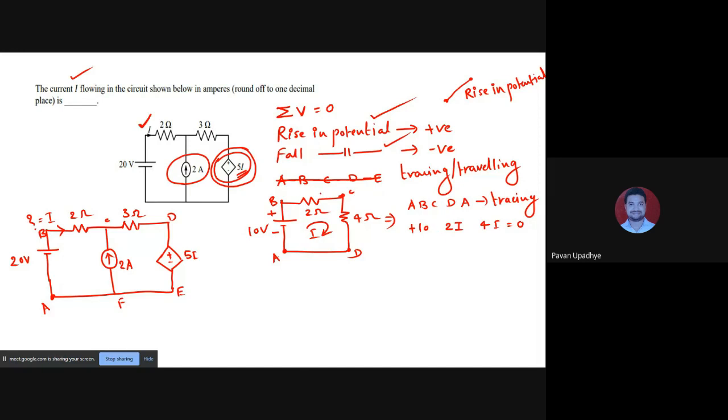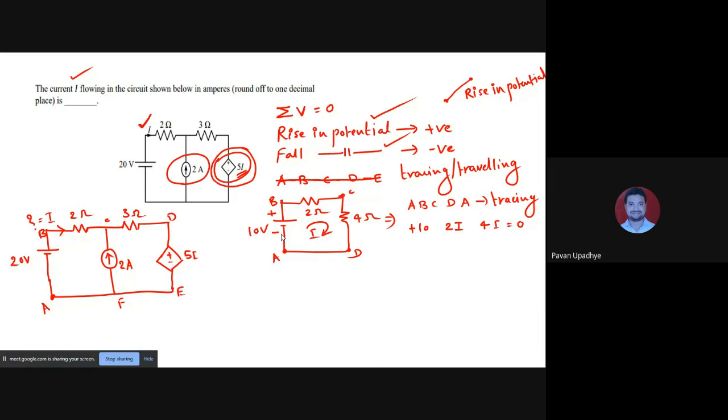Now when you are moving from B to C, you are writing the voltage drop across 2 ohm, and you don't know whether a rise in potential is taking place or a fall in potential is taking place. Why? Because the battery was self-sufficient to inform you about this, but resistors are not.